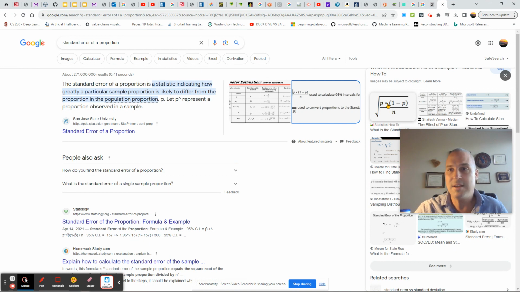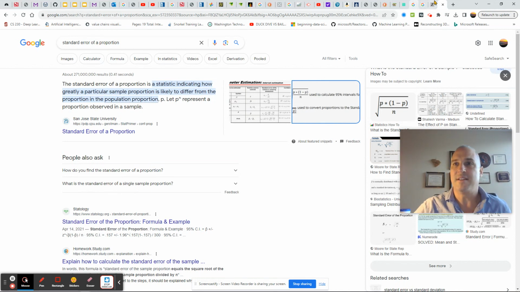So 0.67 times 0.33, divided by the number we pulled. If we pulled 100, that'd be divided by 100, and you take the square root of that number. That would give you your standard error or standard deviation. In this case, we would just call it standard error, standard deviation. I'm going to say potato, potato, and wave my hands at that. But okay, for this distribution.